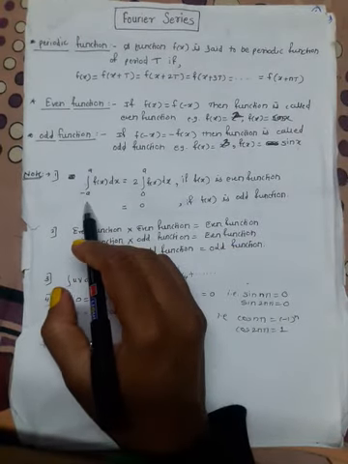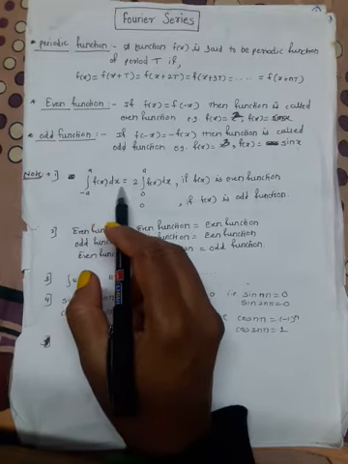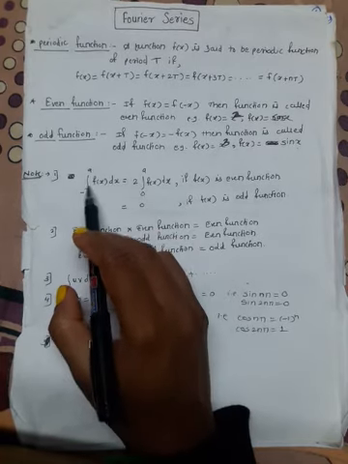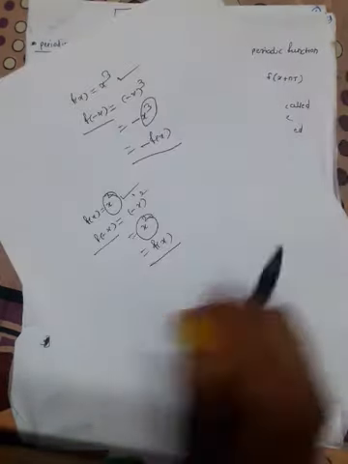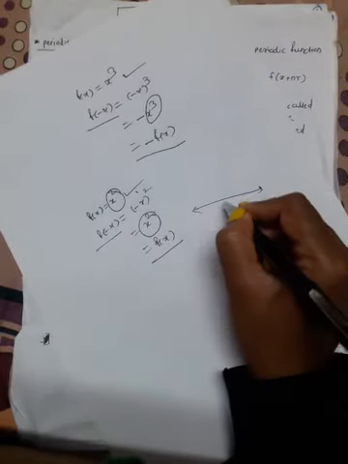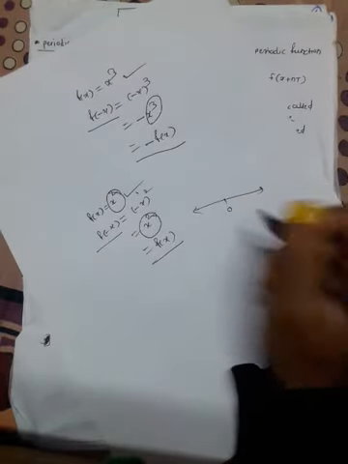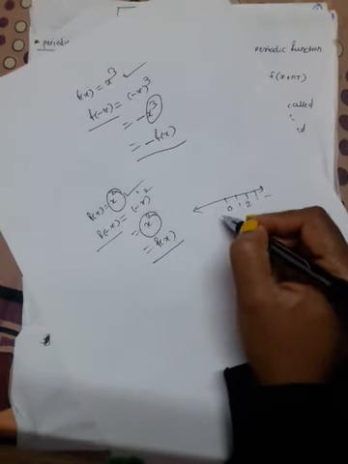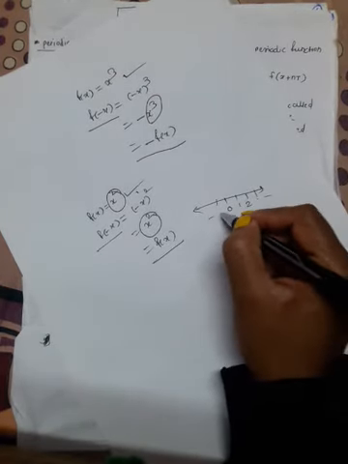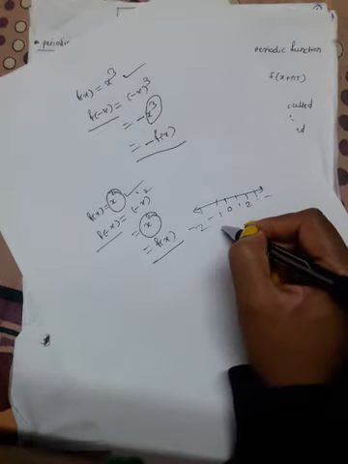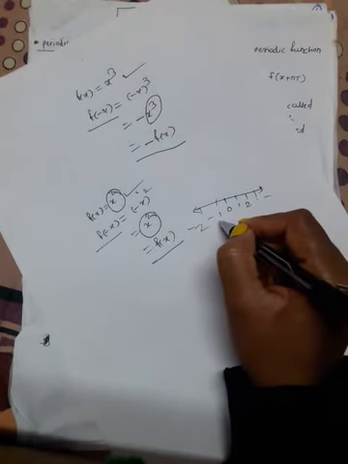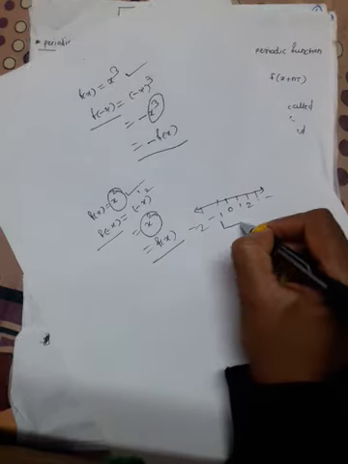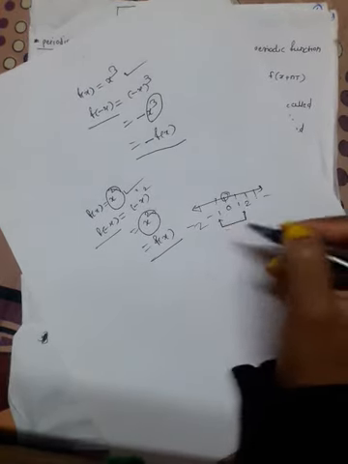Integration from minus a to a of f of x dx is equal to 2 times the integration from 0 to a. The middle number is 0. This is a number line. This is 0, the middle number, this is 1, this is 2, and on the opposite side the negative integers start: minus 1, minus 2. The middle point of minus 1 to 1 is 0.